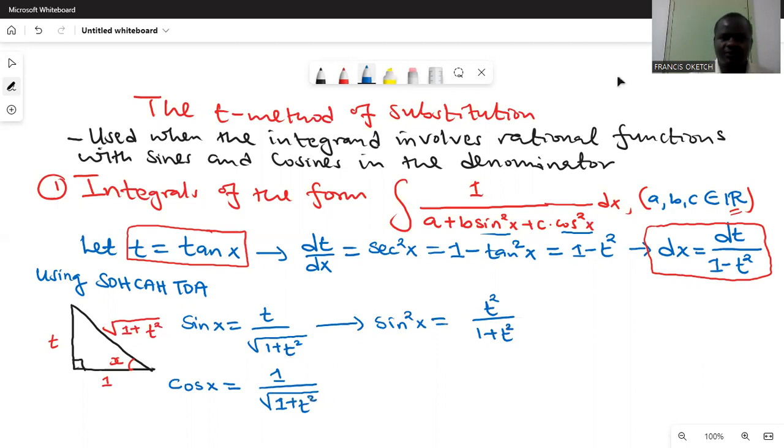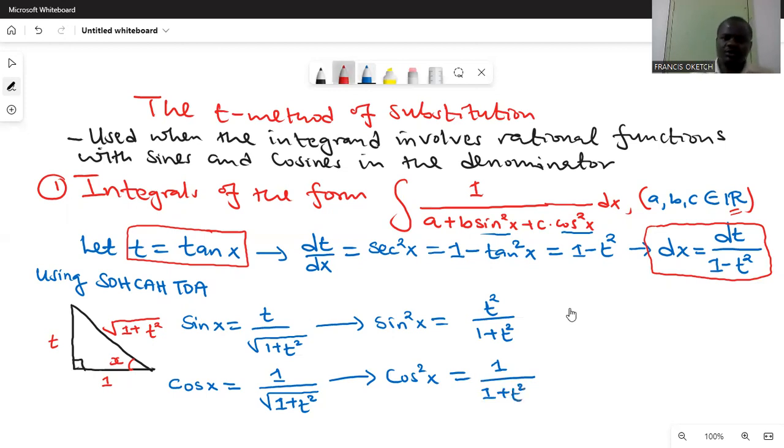So that's what we have. Now, we need to square that to get cos x squared, or simply cos squared x. So cosine squared x will be equal to numerator 1, 1 squared is 1, and denominator will give you 1 plus t squared.